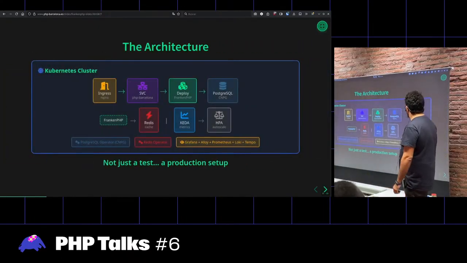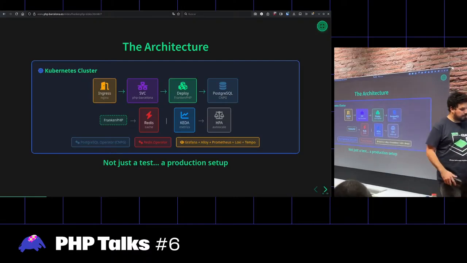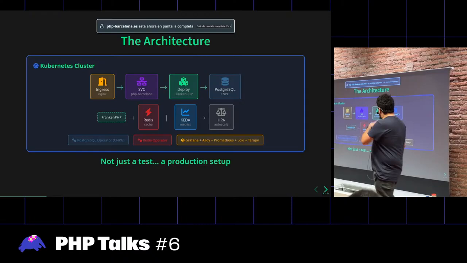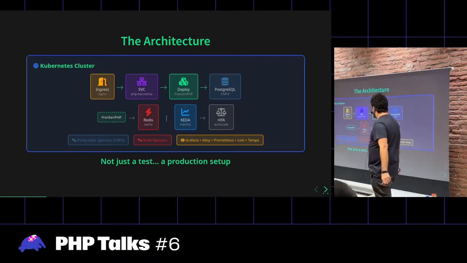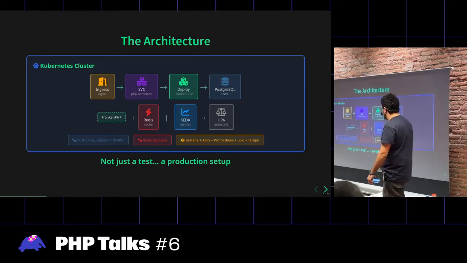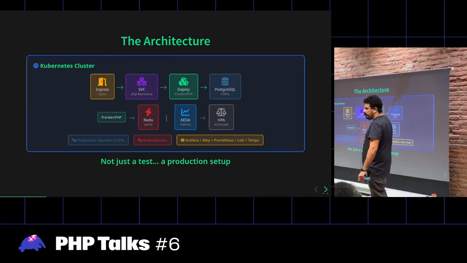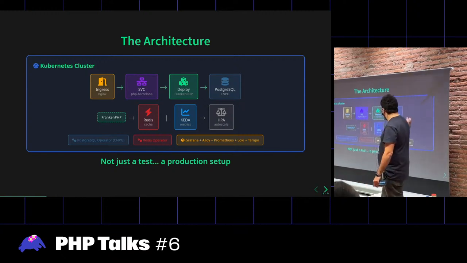So I will explain my architecture. This is my Kubernetes cluster. On top of the application is an ingress. This goes to the service, which calls all my FrankenPHP pods in the cluster. And FrankenPHP goes to Postgres.